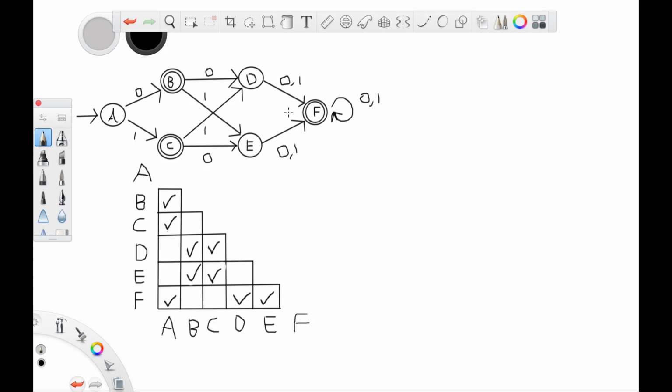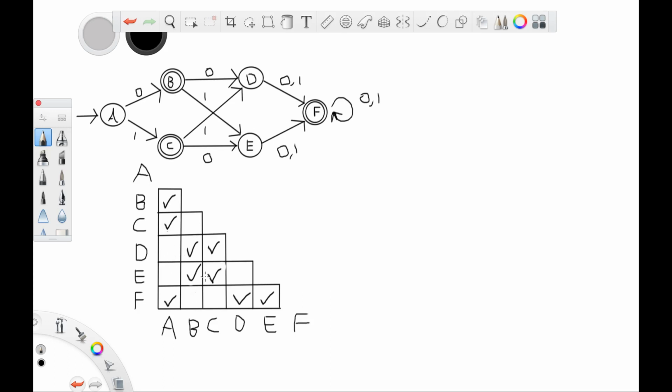What about EA? If E is given an input of 0, it goes to F. A goes to B. If E is given an input of 1, it goes to F, whereas A goes to C. Again, in both of these cases, BF and CF are not checked, so we don't need to check EA.